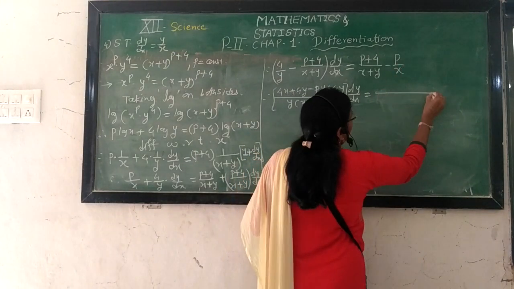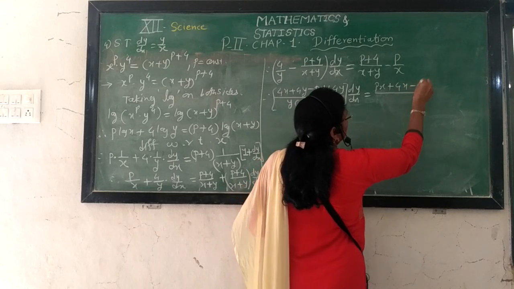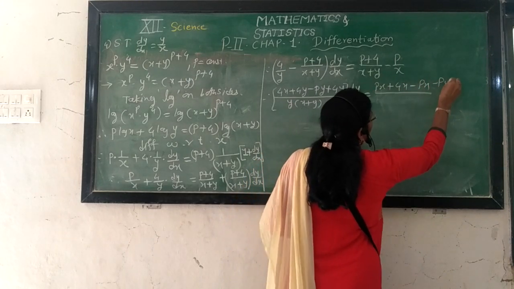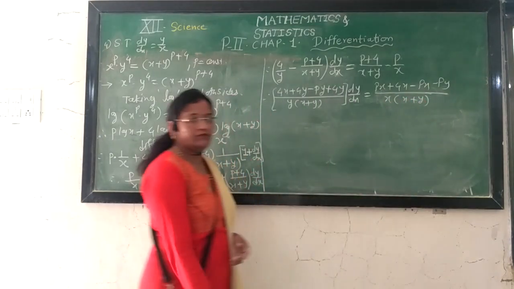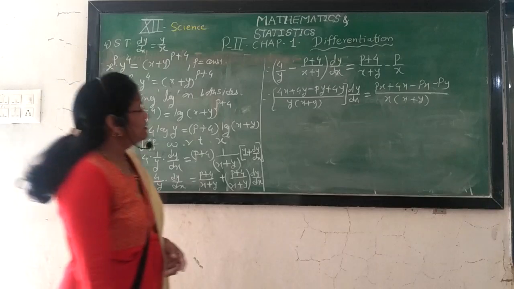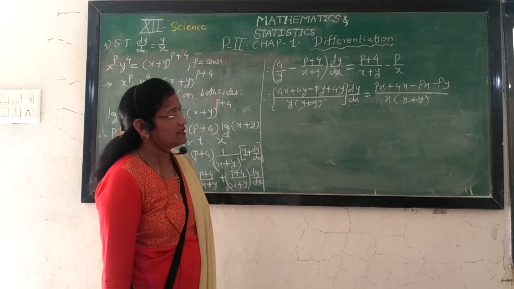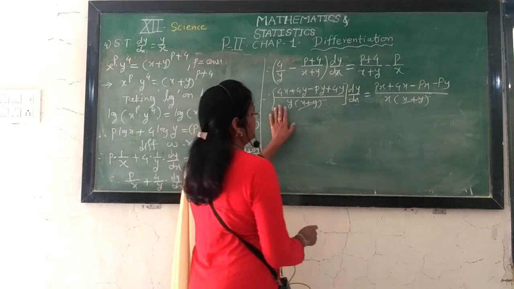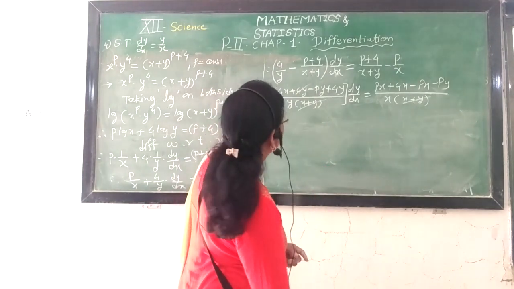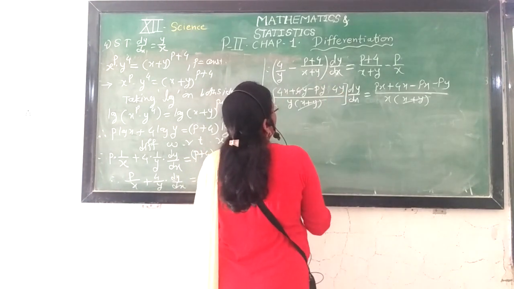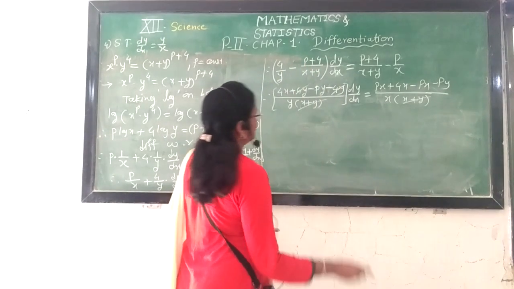For the right side we cross multiply x, px plus 4x minus px minus py whole divided by x into x plus y. Now simplification gives both terms with the common denominator x plus y, that can be cancelled out. Now for the left side the numerator contains the terms 4x, minus p into y and 4y minus 4y.